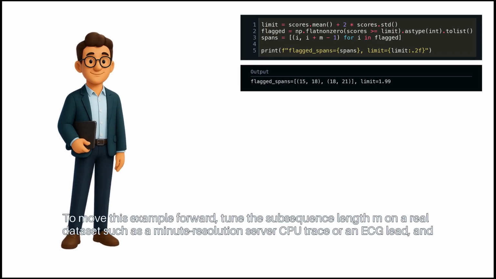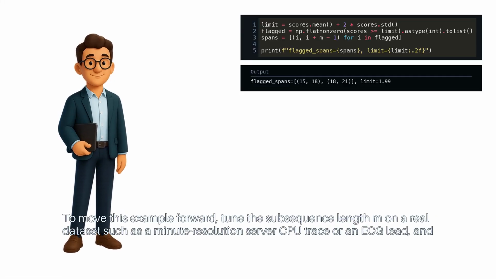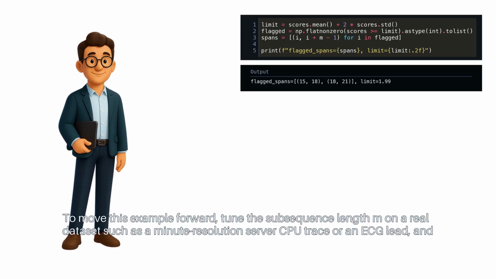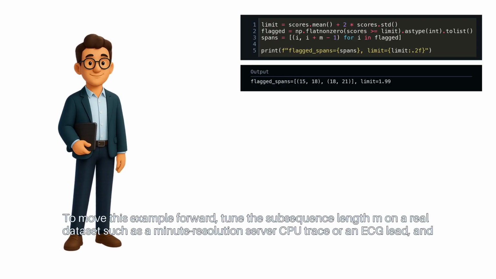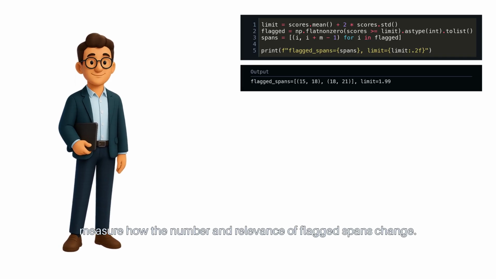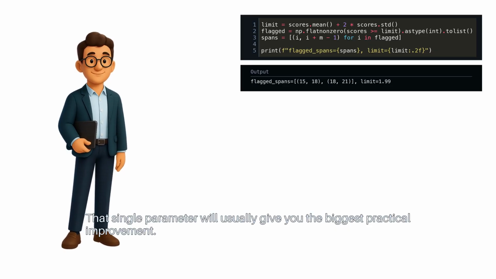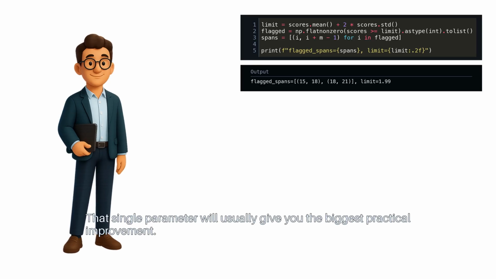To move this example forward, tune the subsequence length m on a real dataset, such as a minute resolution server CPU trace or an ECG lead, and measure how the number and relevance of flagged spans change. That single parameter will usually give you the biggest practical improvement.